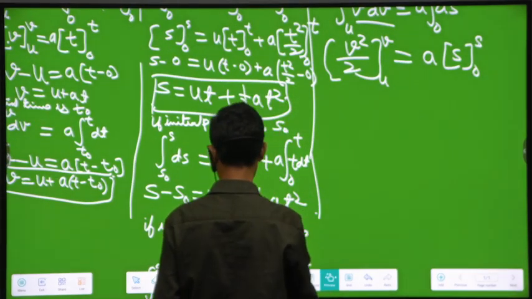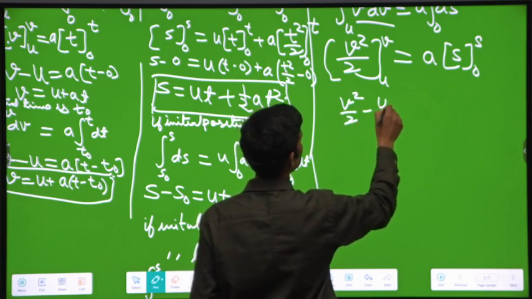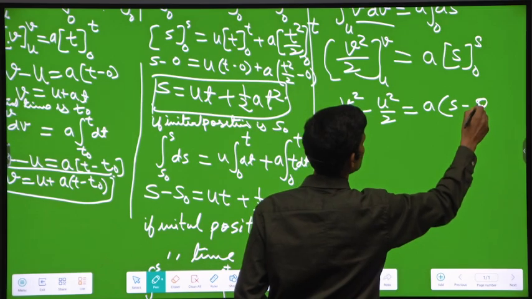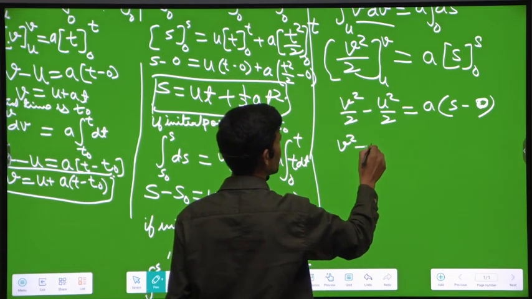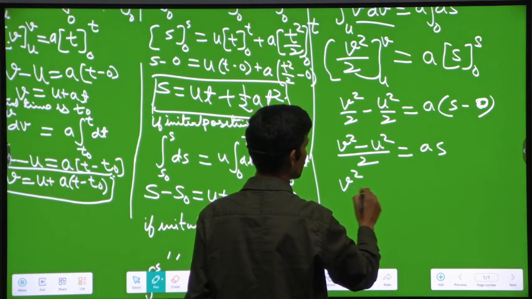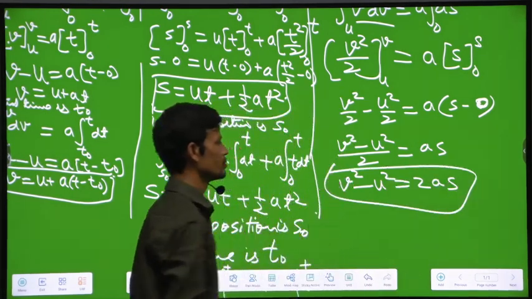Next, v square by 2 minus u square by 2 equal to a times s minus 0. So v square minus u square by 2 equal to as, v square minus u square equal to 2as, and that's all.